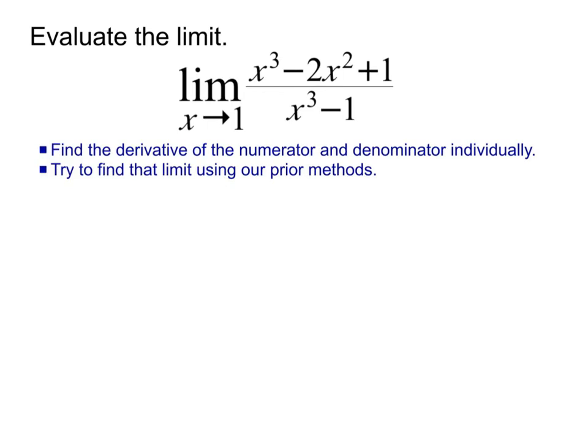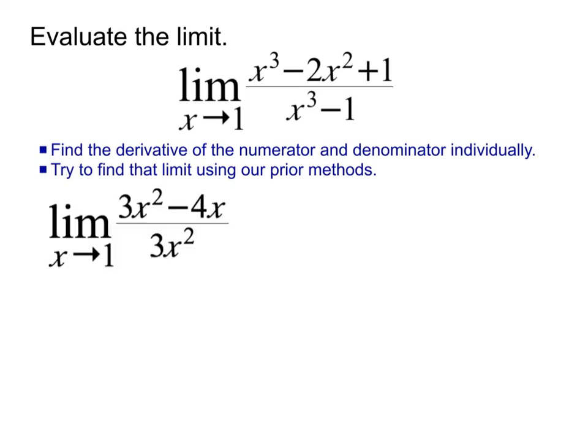Step 1 for using L'Hopital's rule is to find the derivative of the numerator and the denominator individually. So, please, go ahead and find both of those derivatives real quick. And yes, they are quick because they're both polynomials. Now, when you do that, it's then the limit as x approaches 1 of those two derivatives.